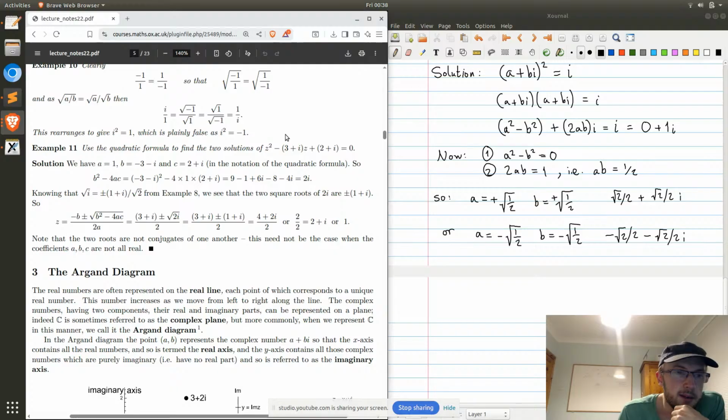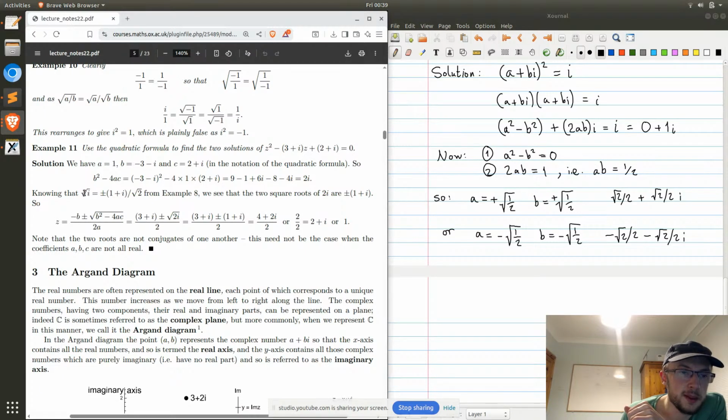So in this example here, they're using the quadratic formula to find the two solutions of this quadratic equation over the complex numbers. They're simply setting a equal to 1, b equal to negative 3 minus i, and c equal to 2 plus i. And then they're finding the discriminant. Okay. And the discriminant is exactly 2i.